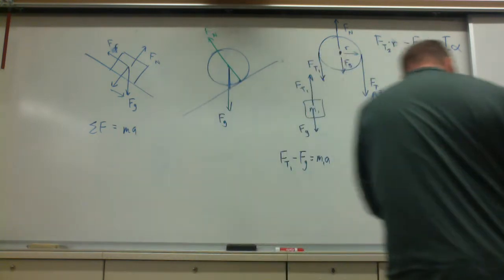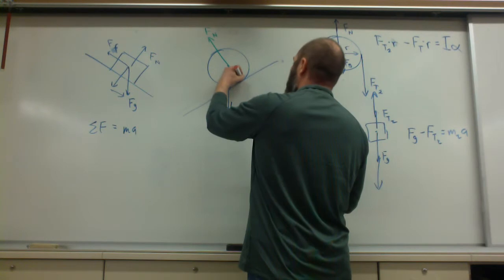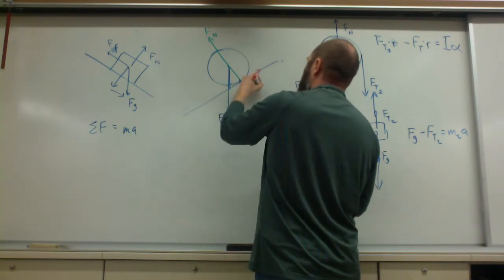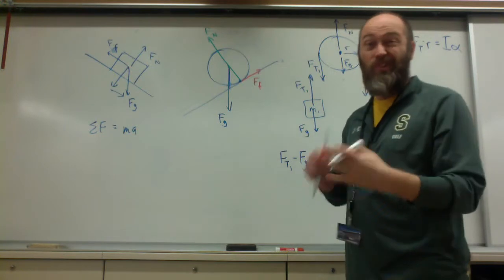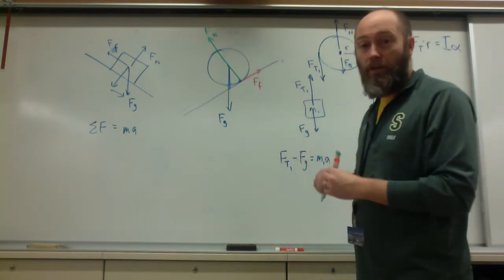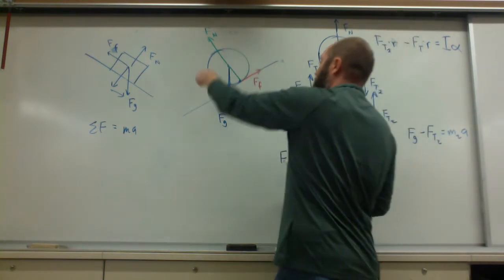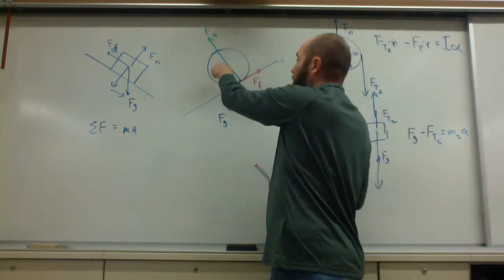And then I would have my force of friction. My force of static friction is going to point this way. And static friction, hopefully you understand that. If you don't, you're going to have to look at a different video to figure that one out. But if you take a look here, this thing is going to be rotating around. There's my axis of rotation.